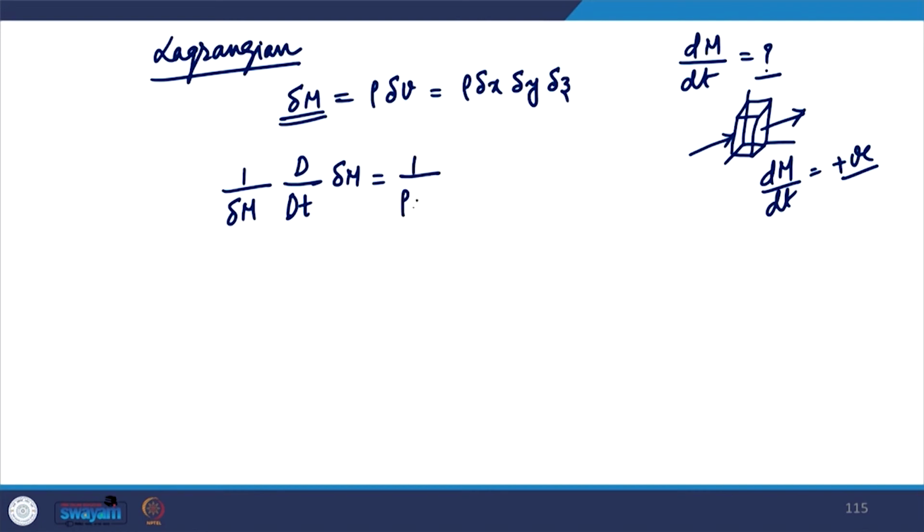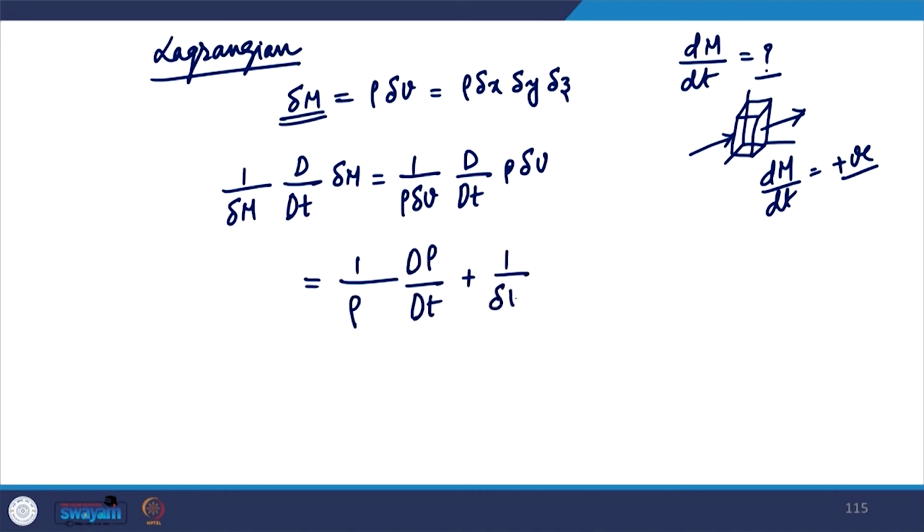So, we will write d by dt of rho delta v. We can write it as 1 by rho d rho by dt plus 1 by delta v d by dt of delta v is equal to 0. We would expect that mass remains conserved, that is why we have written it equal to 0.